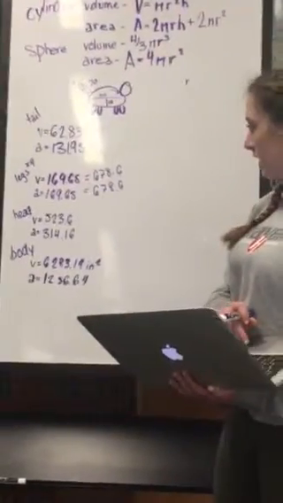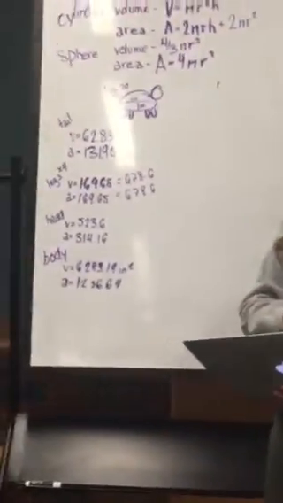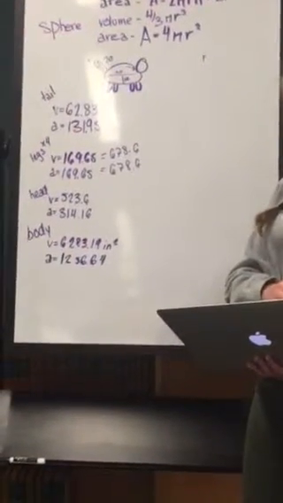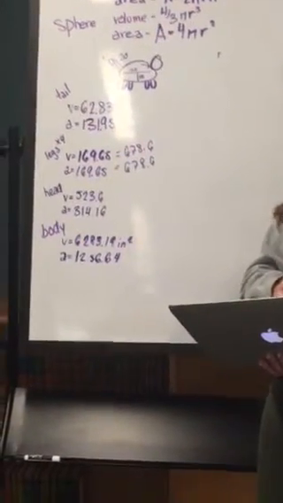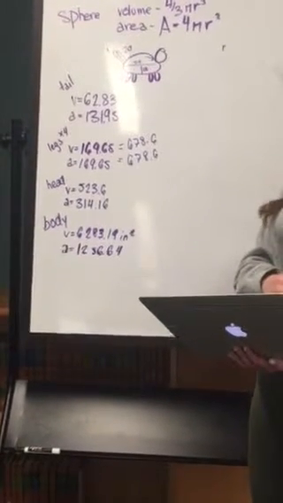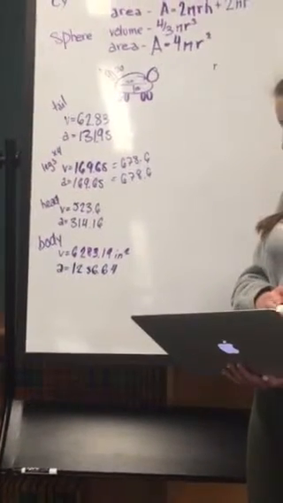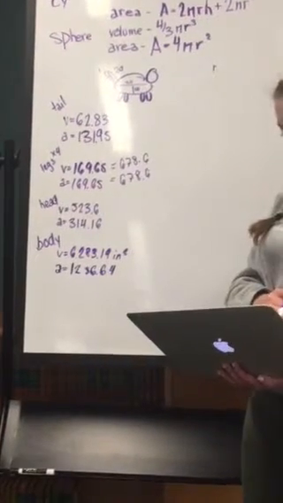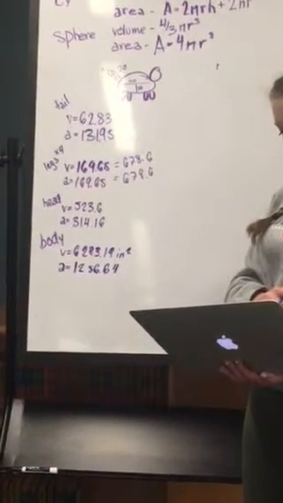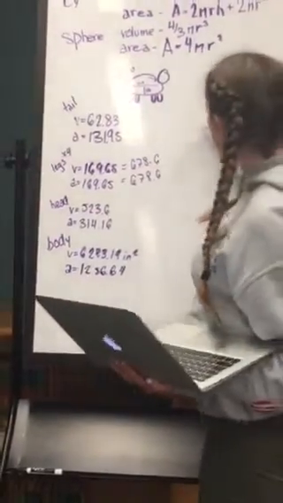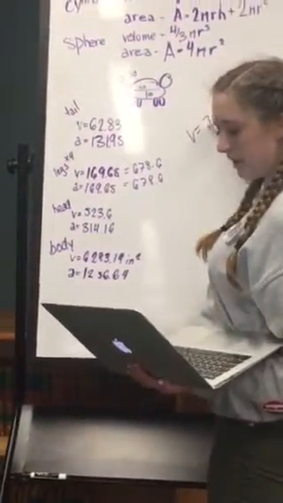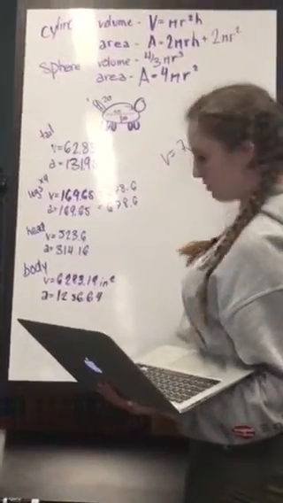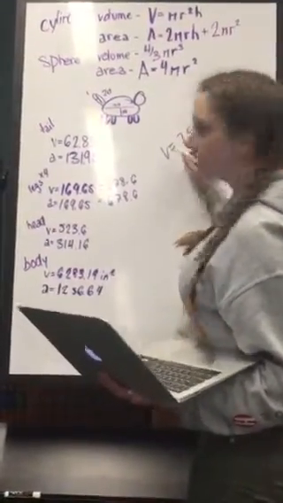And we're going to add that with the head, which is 523.6. And last but not least, the body, which is 6283.19. So the volume for the cat is 7,548.22. So that's the volume for the cat.